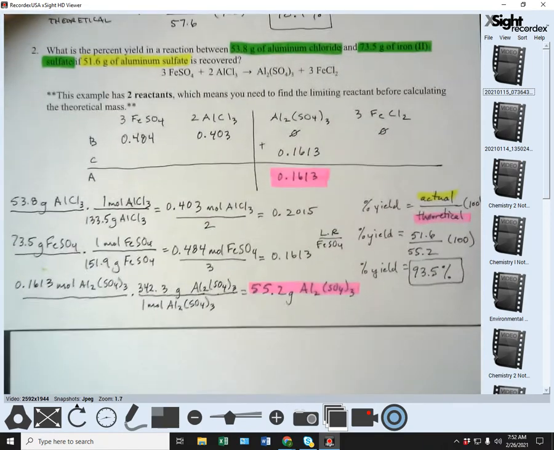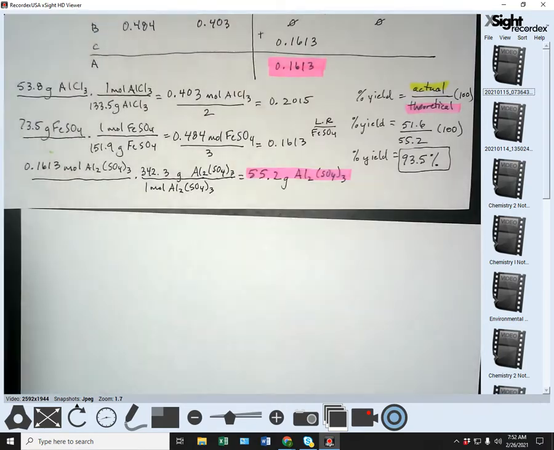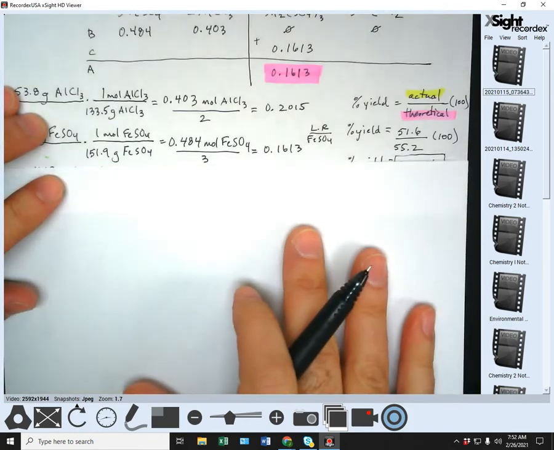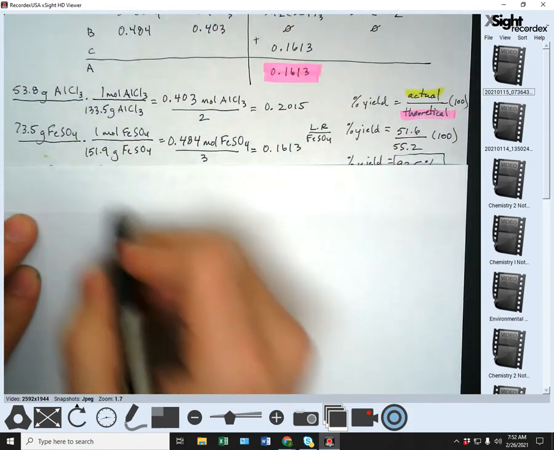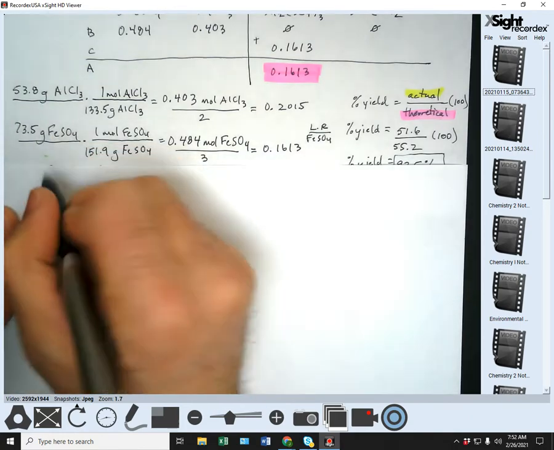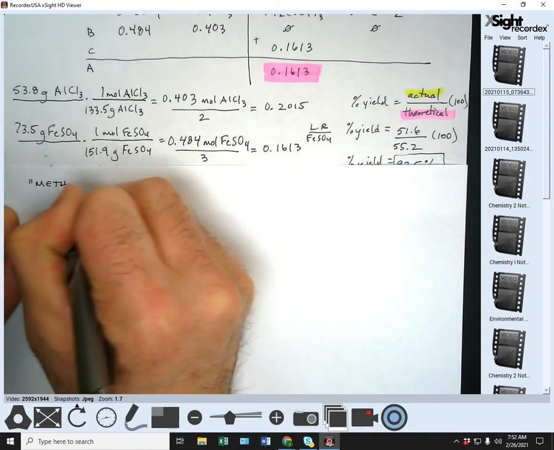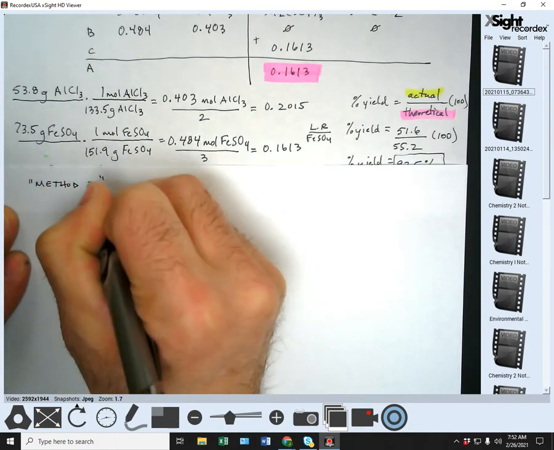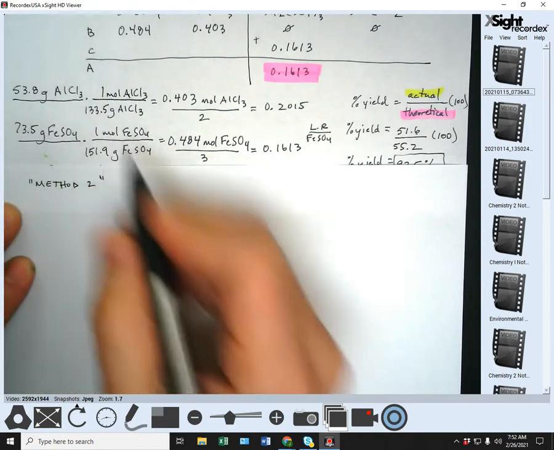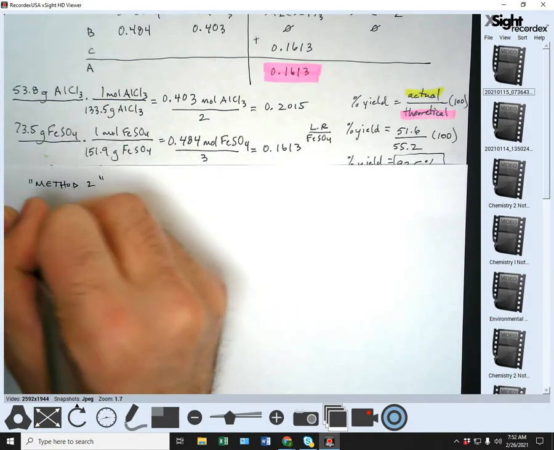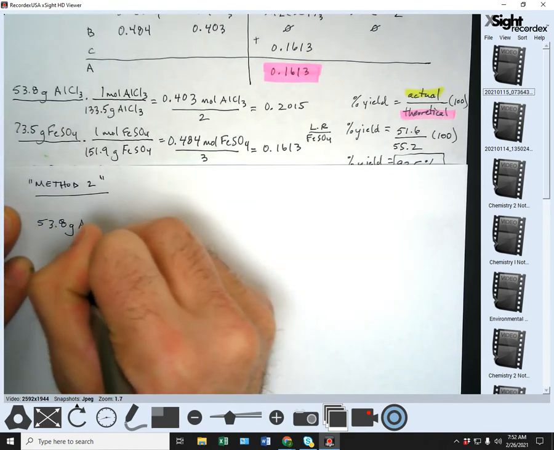Let me angle this a little bit so I can. Okay, so I'm going to copy down. So I'm going to just go through. You'd go through the step to find the limiting reactant. So this would be kind of like method 2, I guess. So I'm going to have 53.8 grams of the AlCl3.